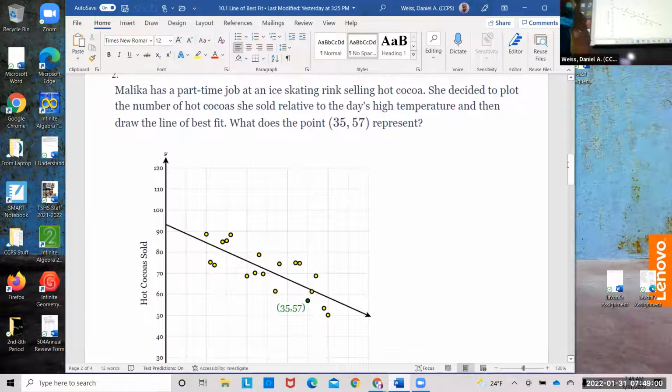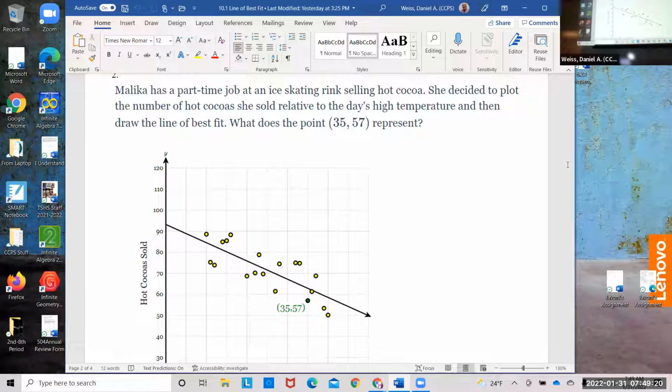Malika has a part-time job at an ice skating rink selling hot cocos. She decided to plot the number of hot cocos she sold relative to the day's high temperature and then draw the line of best fit. As the temperature gets warmer out, do you think she'll sell more hot cocoa?